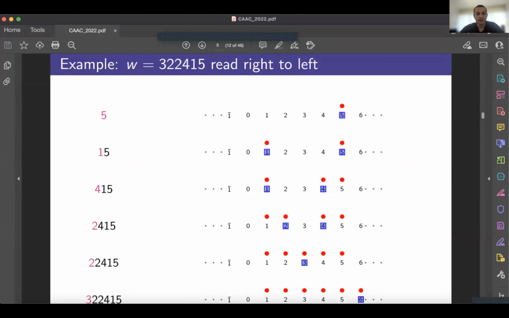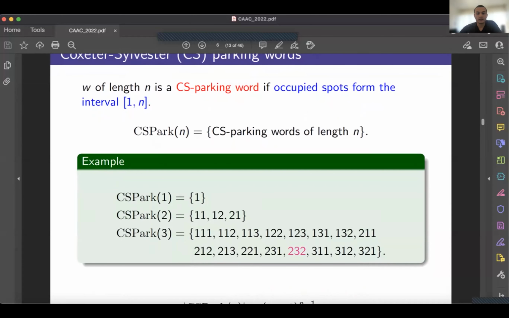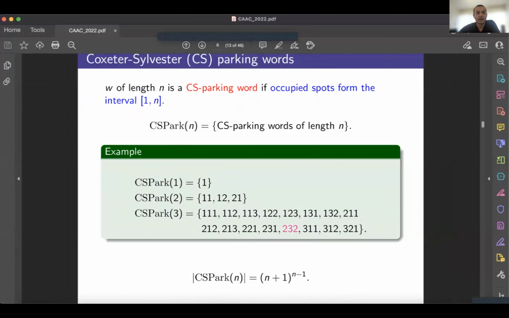In this word, the spots 1 through 6 were taken, so that's Coxeter-Sylvester. Here are the CS parking words for lengths up to 3, and you can compute these cardinalities and see that you have the same number of Coxeter-Sylvester parking words as the usual parking functions.